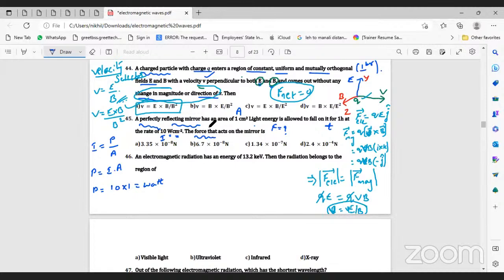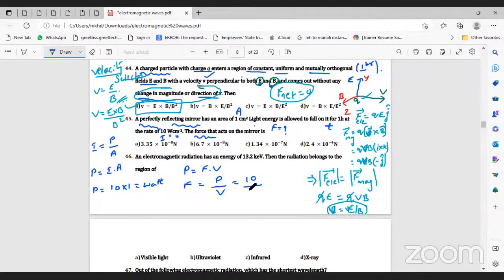But they're expecting you to find the force that is going to act on the mirror. How to calculate that force? Now, power is equal to force into velocity. So force is nothing but power divided by the velocity of that medium. Power is 10 watts.